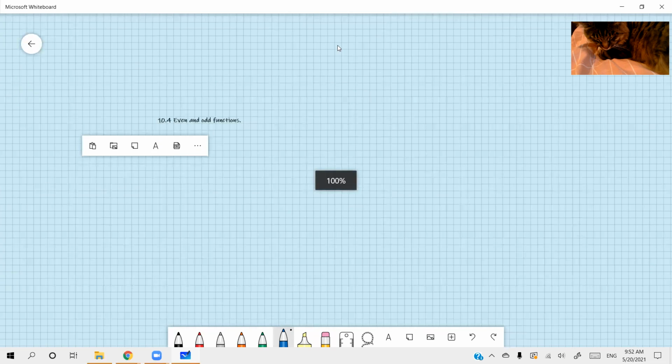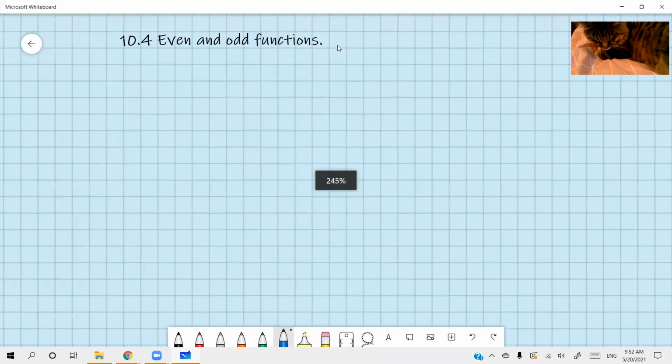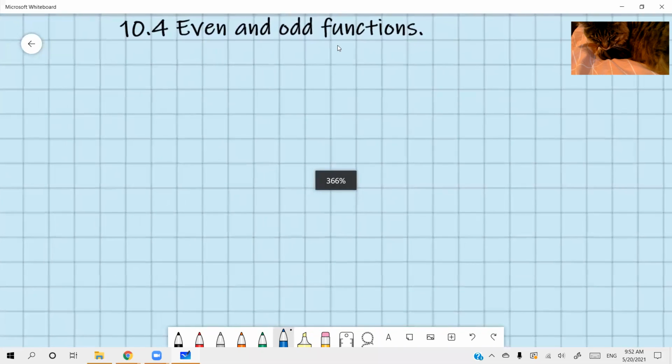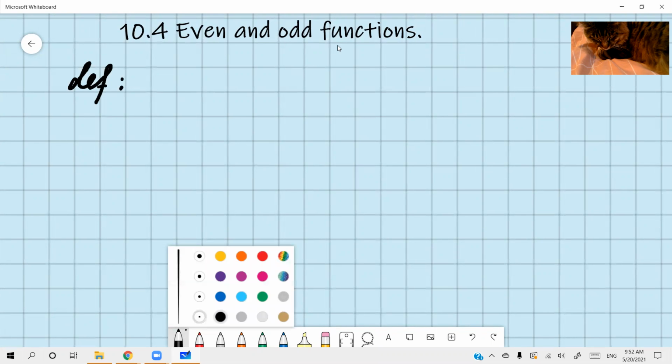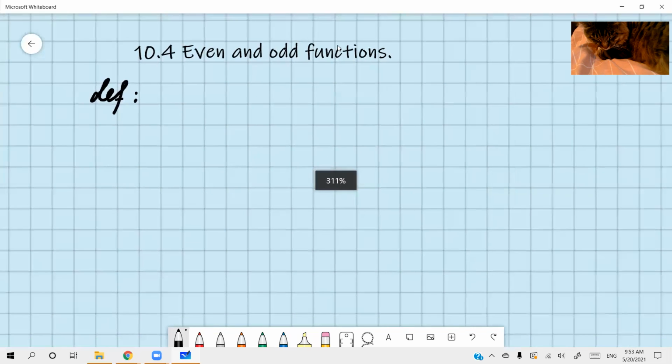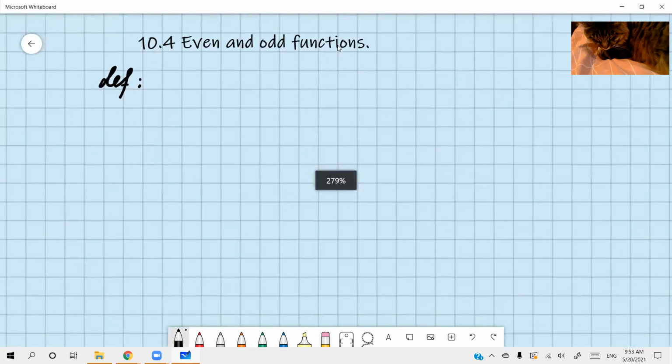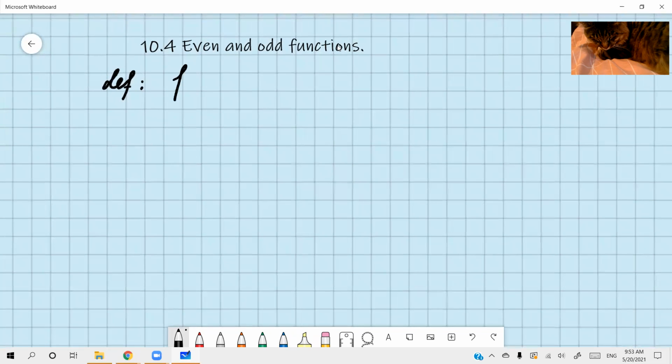Okay guys, we are going to start with definitions. Definition: function f of x is called even if f of negative x equals f of x.